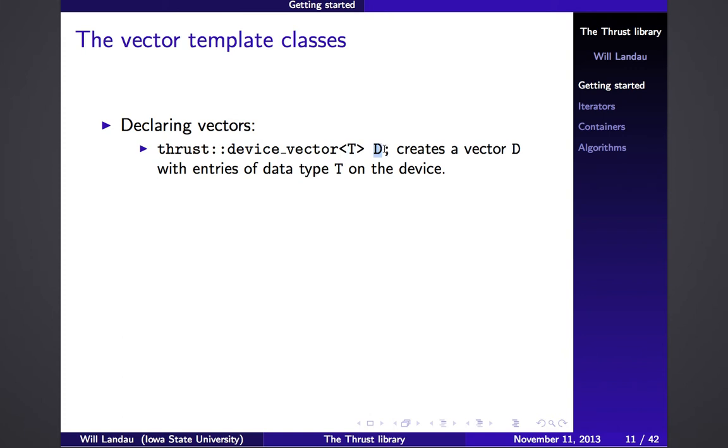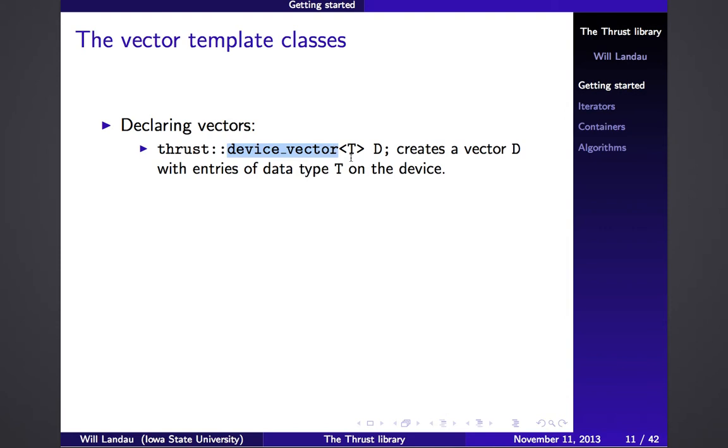What's really important to note here is that a device vector is not actually a class, it's a template, so it's actually a set of classes. If I give you a data type T, that defines a class. So this whole thing denotes a class given T, but the template device vector is really a set of classes, and you get one class for each data type.